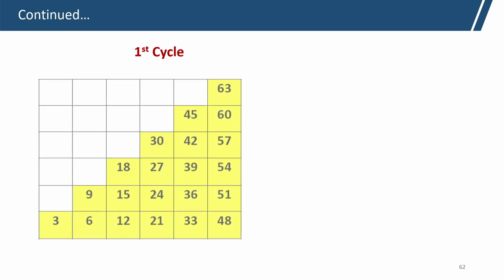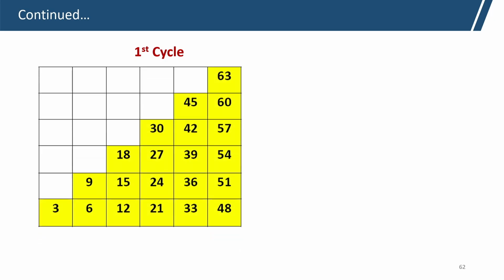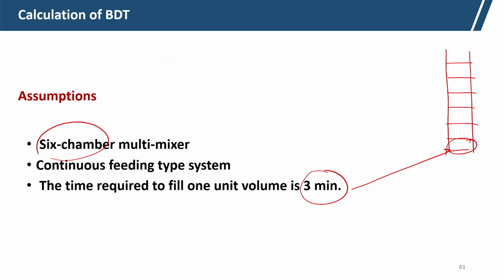Now, we will consider different cycles. For the first cycle of feeding, first it is getting the 3 minutes time. So, this is the 3 minute time to fill 1 unit.